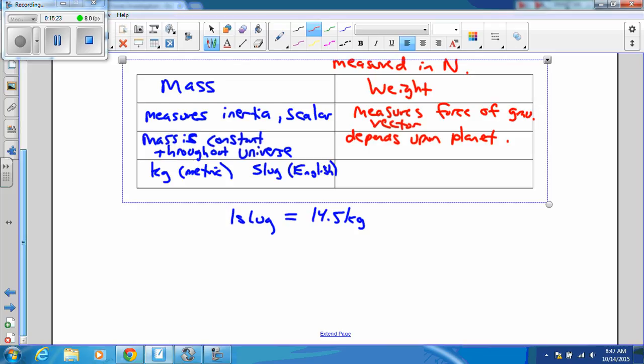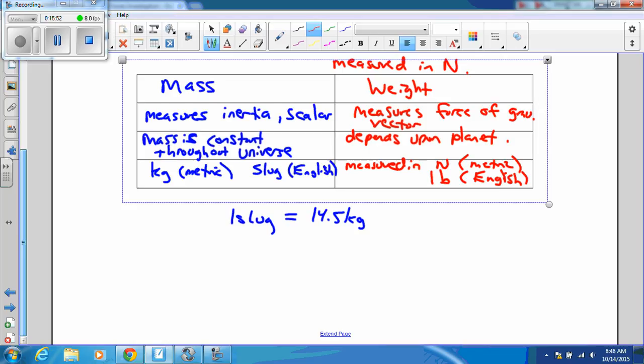By contrast, over here, the weight is measured in newtons for the metric system, and for the English system, it's measured in pounds. So probably all of you know your weight in pounds.